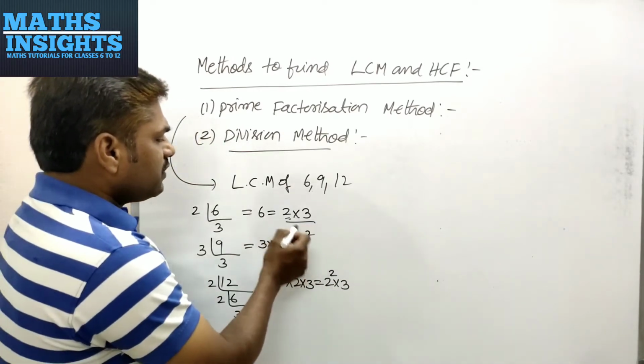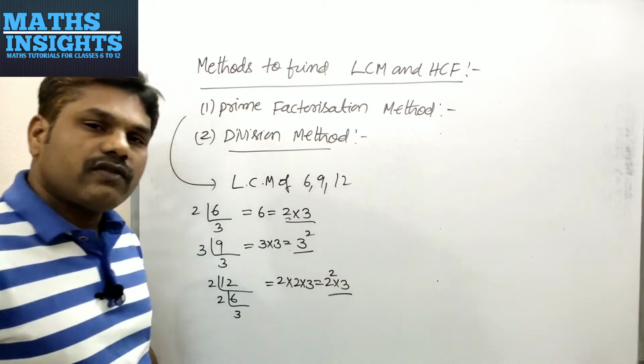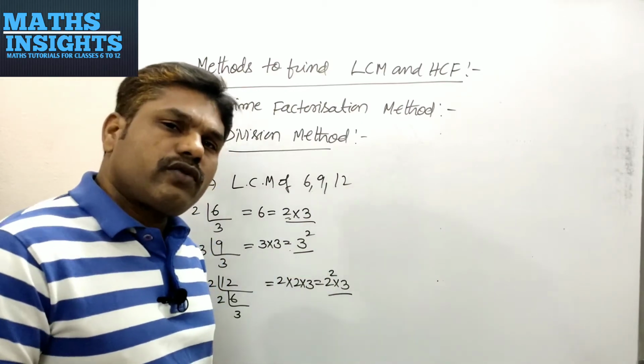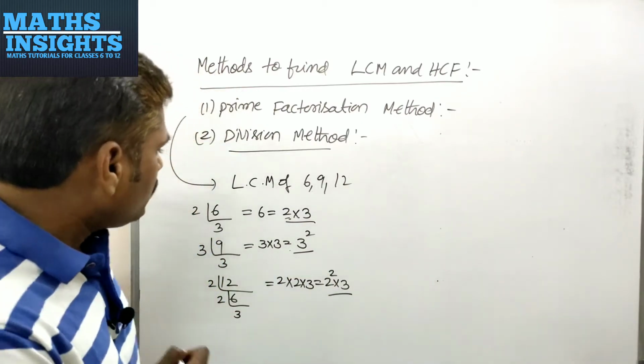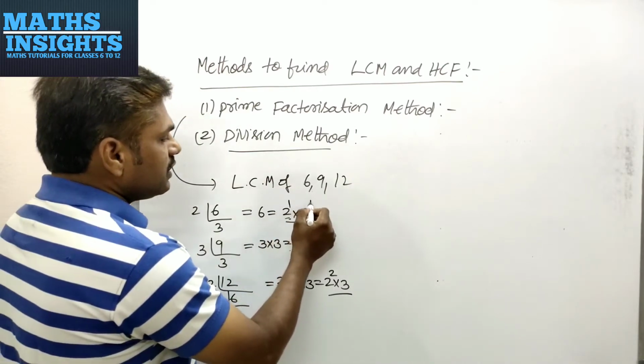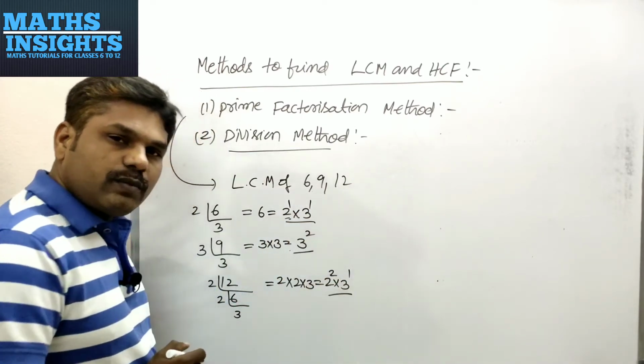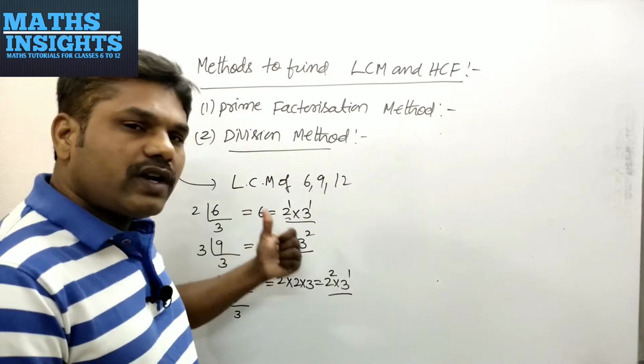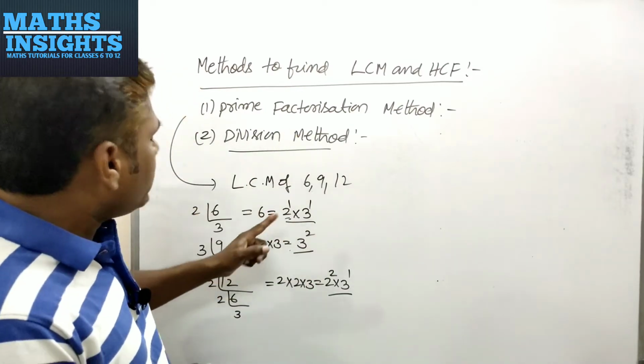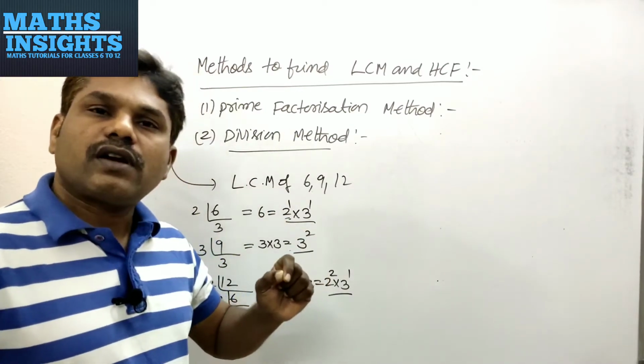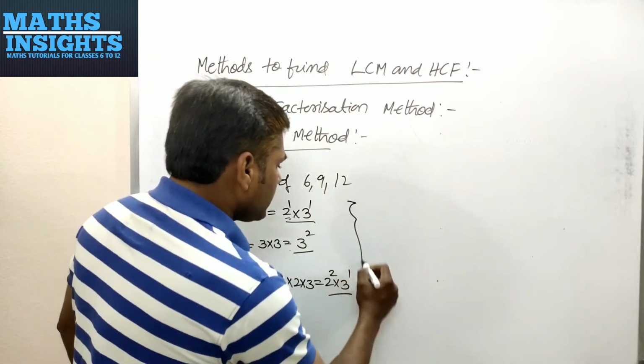After prime factorizing all the given numbers for which you are going to find LCM, you have to observe the exponents of the prime factors. You have to take the highest one.